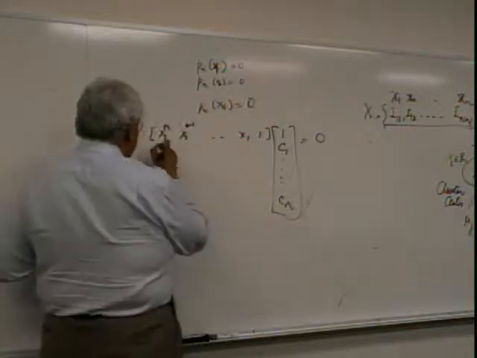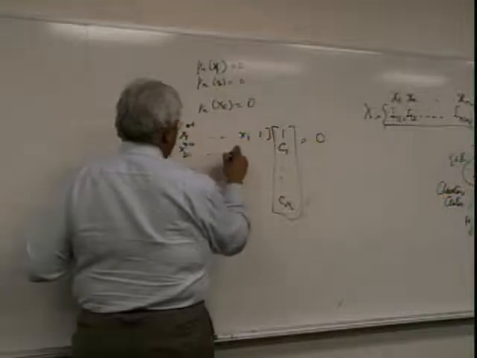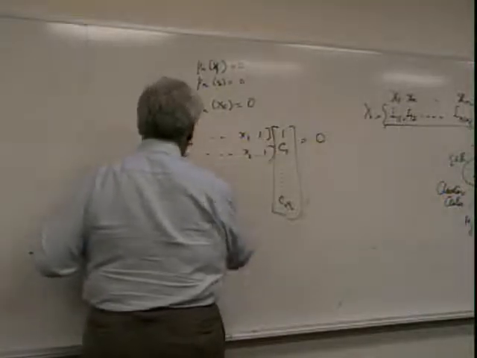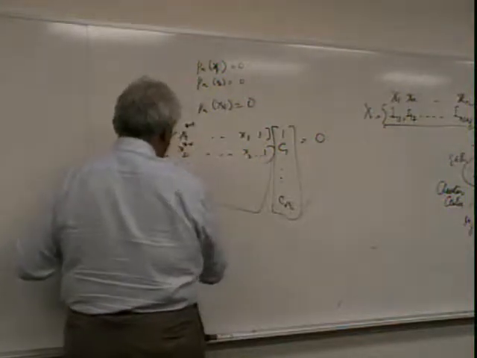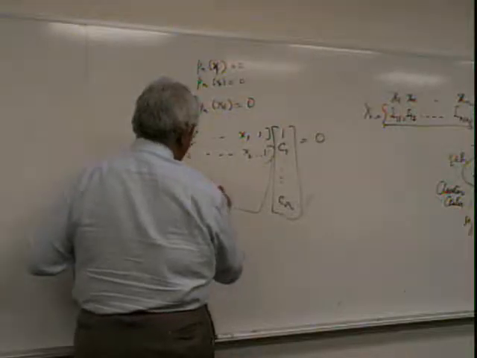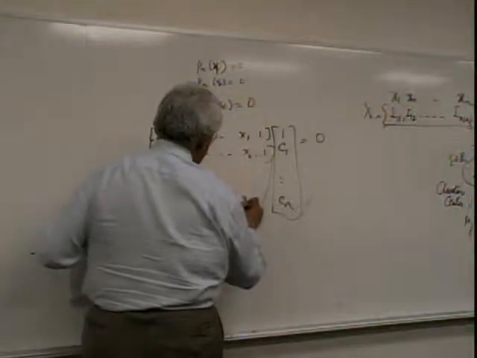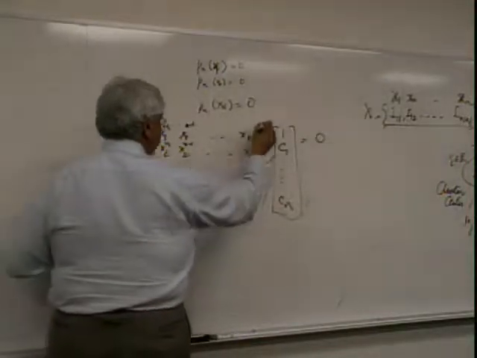But you write out the same thing for x2 as well: x2 to the power n, x2 to the power n minus 1, x2, 1. And you keep going till you have capital N points, so capital XN to the power n, capital XN to the power n minus 1, capital XN, 1. Now this matrix is a data matrix.